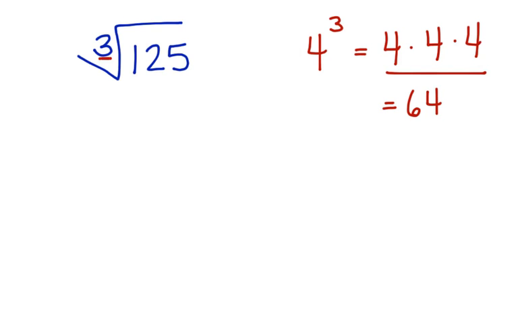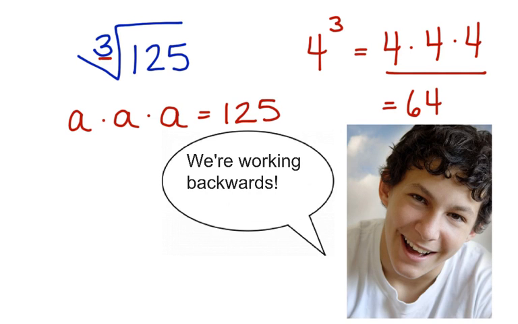Now here, in this example, we want to find the cube root of 125. So we want to find what number times itself 3 times is going to be equal to 125. Yes, you could say we are working backwards. We're working backwards from when we were working with exponents.